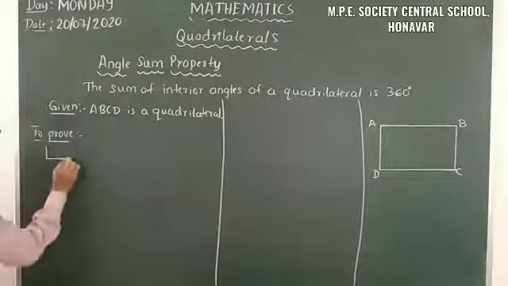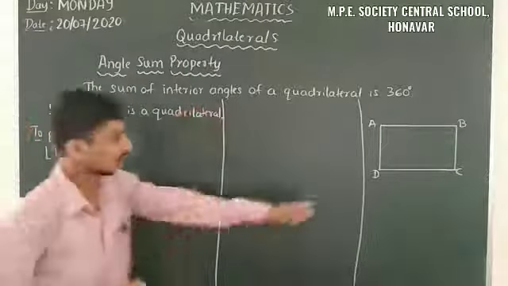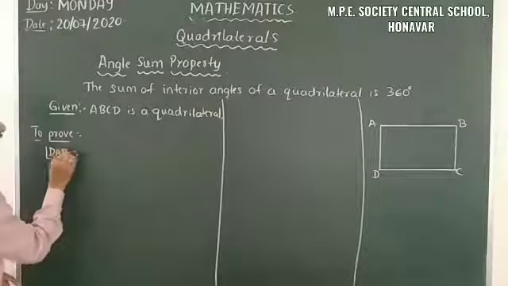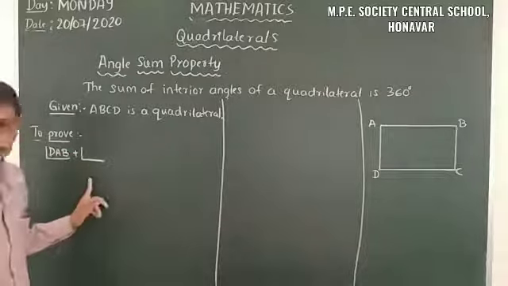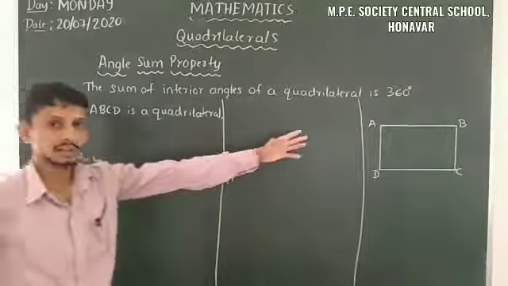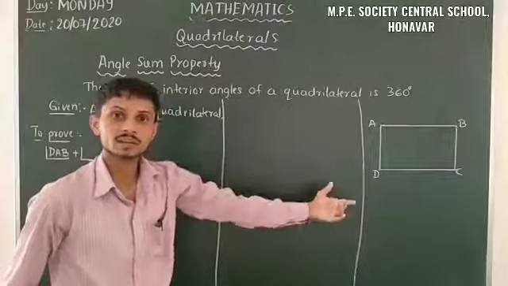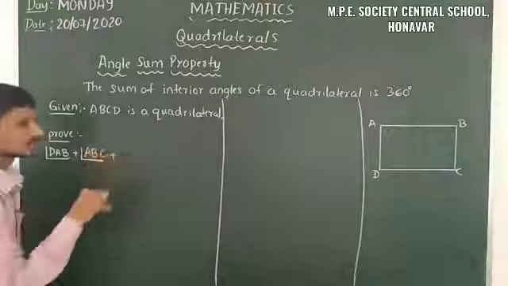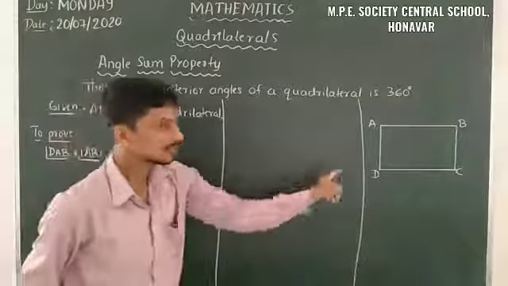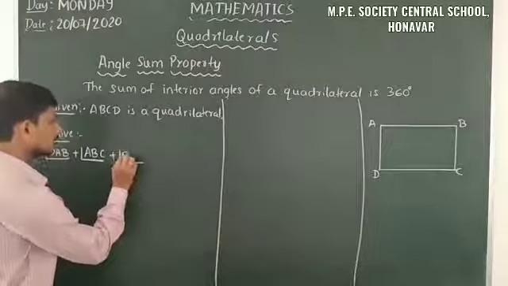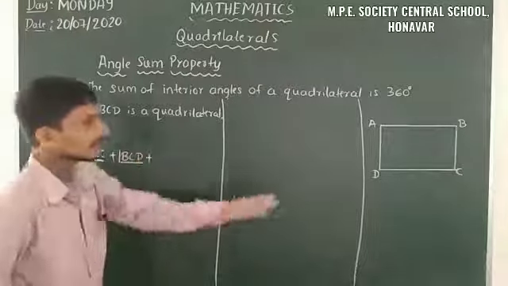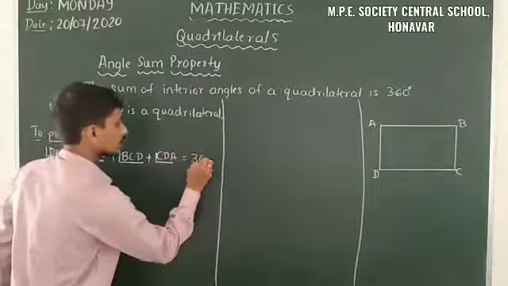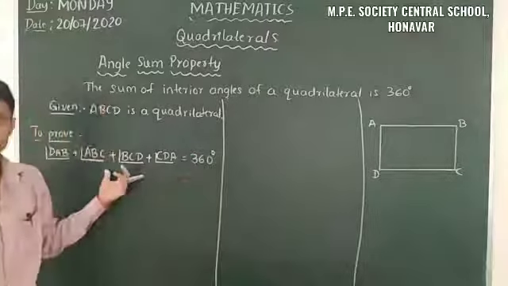For that we write angle DAB plus angle ABC plus angle BCD plus angle CDA is equal to 360 degrees. We already learned how to write the angles.